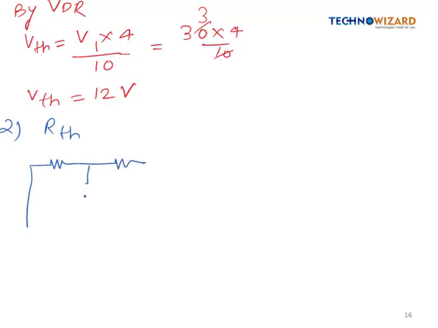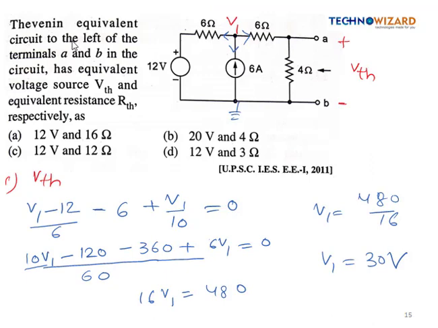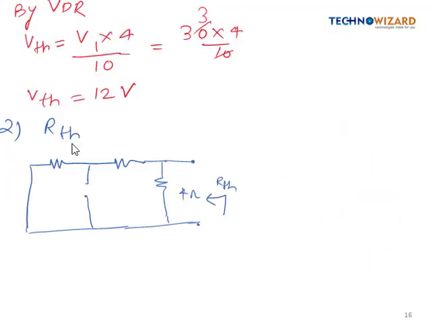So current source is open circuited, and this was 4 ohm, right? So from here we have to find out the value of RTH. So this was 4 ohm, it was 6 ohm, right? Okay, so they are 6 ohm resistances.